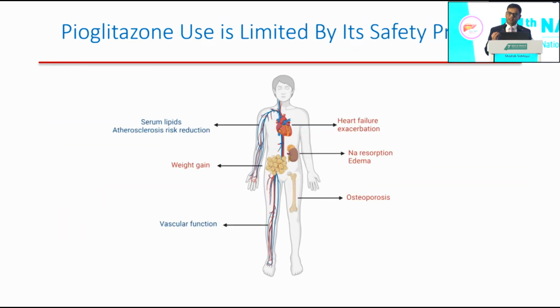But there are side effects of pioglitazone. So pioglitazone, at least in the United States, is not used as routinely because one of the key side effects is weight gain. And if pioglitazone is stopped, the weight gain does not necessarily go away. It causes edema. Patients don't like edema, so they complain about it, and as a result, we tend to stop pioglitazone.